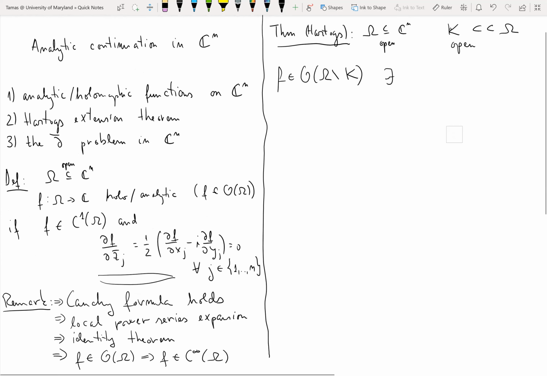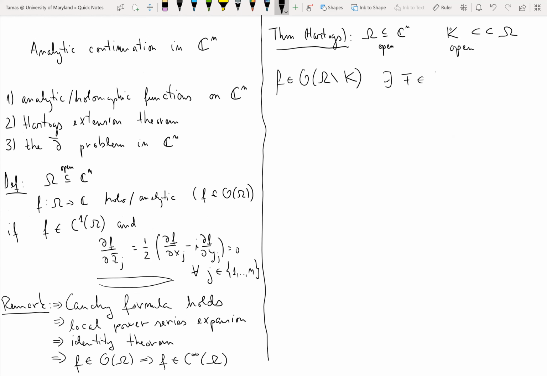There exists a function F holomorphic on the big omega such that capital F restricted to omega minus K is nothing but small f.